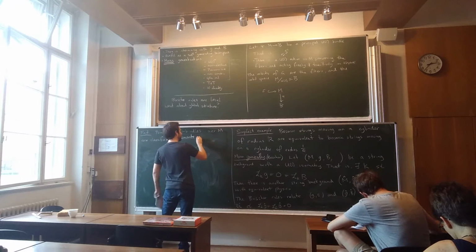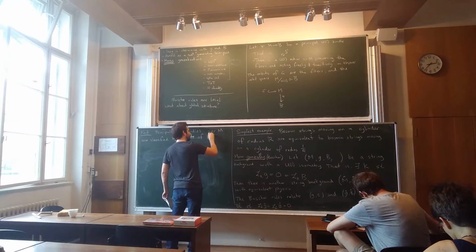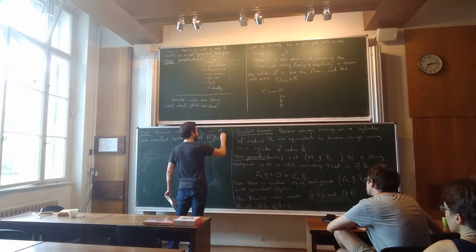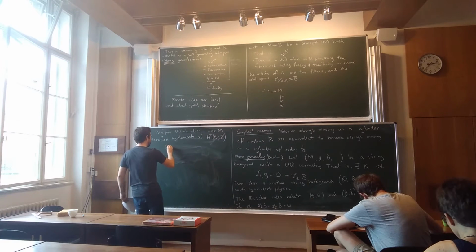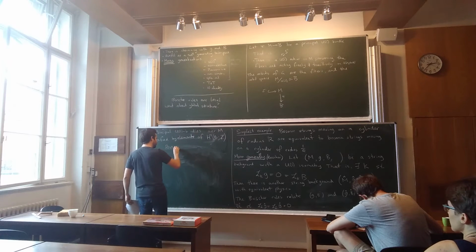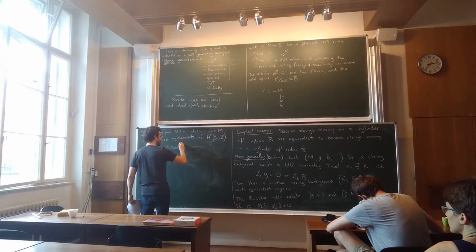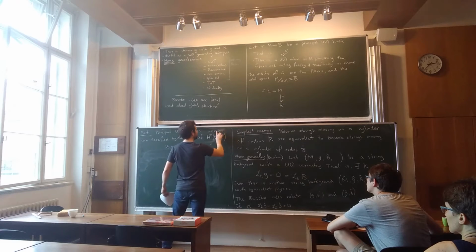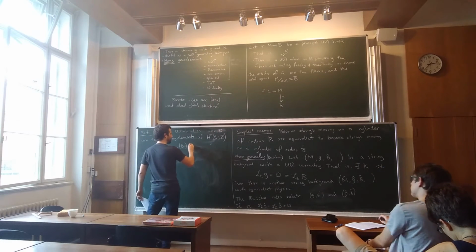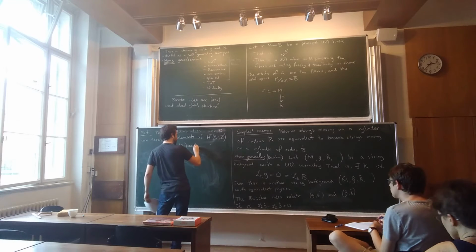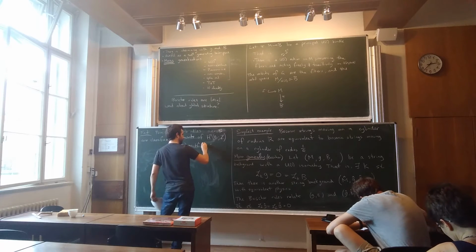It's the second cohomology of the base. That is another way of writing this. Principal U1 bundles over some base B are in one-to-one correspondence, or in bijection, with elements of this cohomology group.